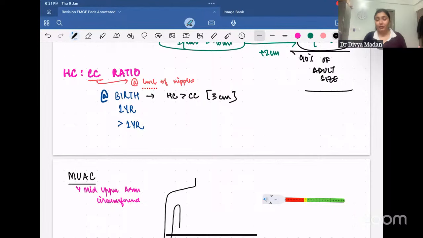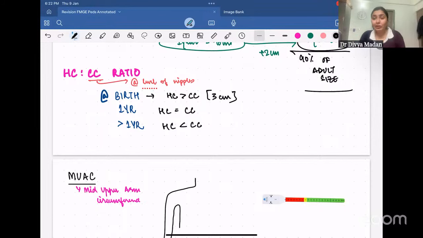It is at 1 year of age that head circumference is equal to the chest circumference. And after 1 year, the chest circumference will outgrow the head circumference. And all of us definitely have chest circumference bigger than head circumference, right? So this is an important ratio as soon as the head circumference is considered.